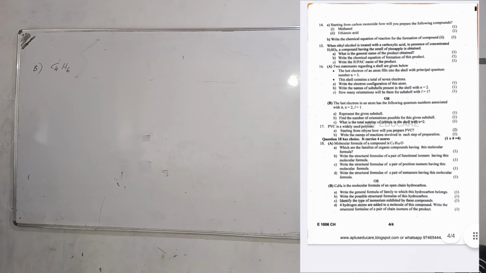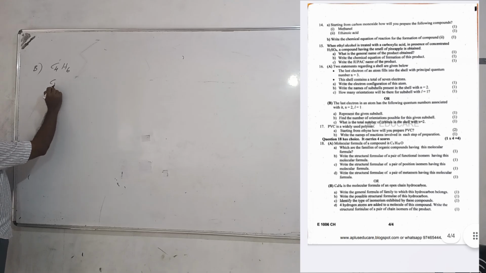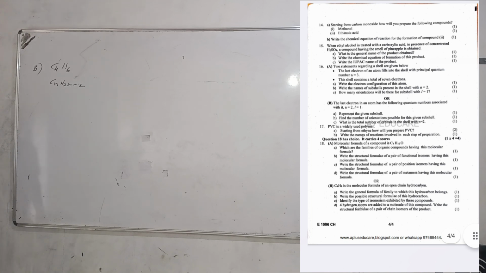C4H10 is an alkane, C4H8 is an alkene, and C4H6 decreases by 2 each time. In alkanes, the general formula is CnH2n plus 2. In alkenes, CnH2n. In alkynes, CnH2n minus 2.